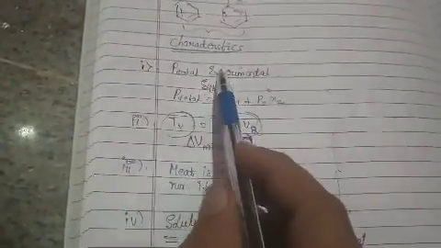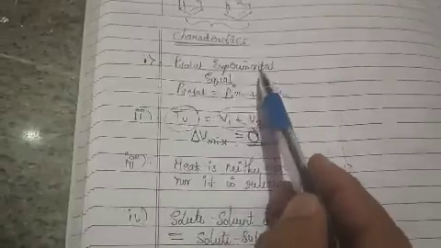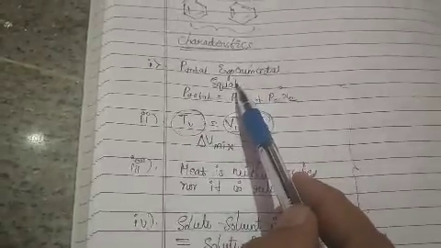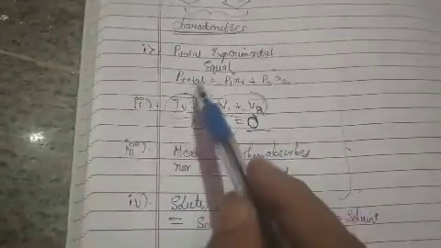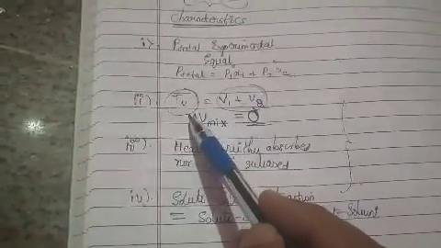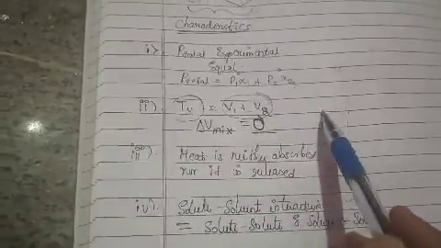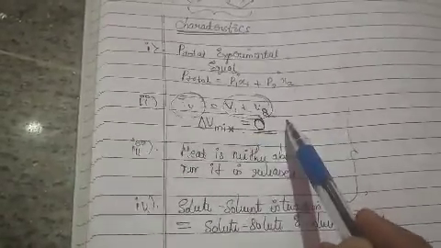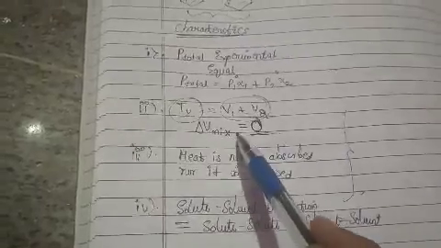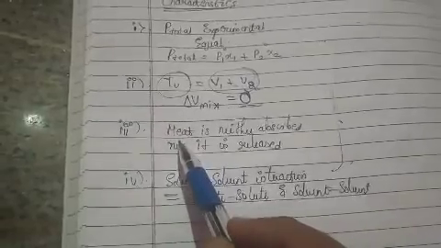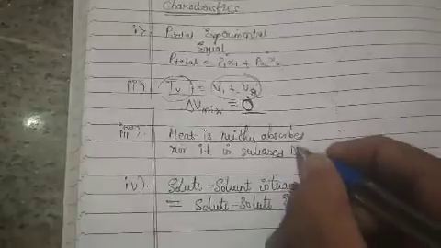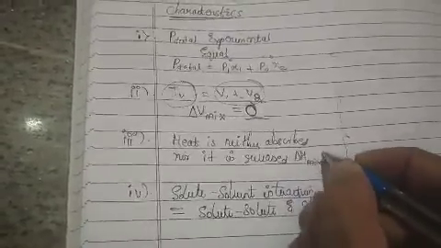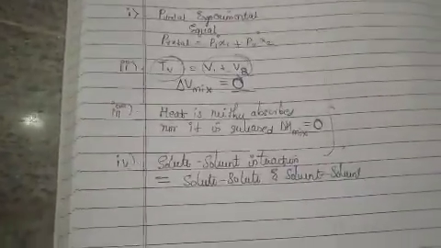That is, the experimentally calculated total vapor pressure should be equal to that from Raoult's law of partial vapor pressure. Secondly, the total volume of a solution should be equal to the sum of the volumes of the individual components, or in simple words, delta V of mixture should be equal to 0. Third, heat is neither absorbed nor released, that is, delta H of mixture should be equal to 0.